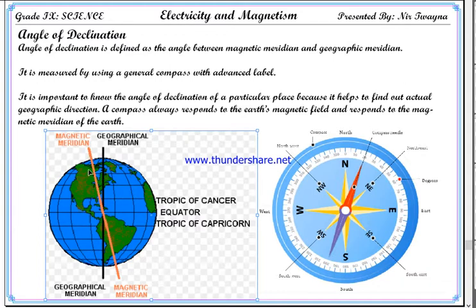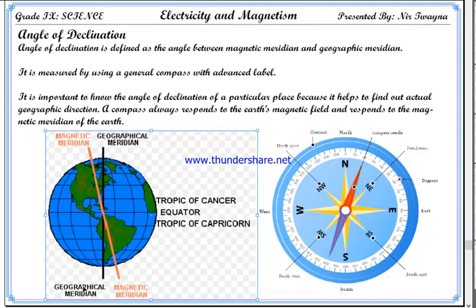And you should also know that this angle of declination changes with time. Estimated, I don't have the exact data, but in around 1 lakh years, that is 100,000 years, the magnetic pole reverses. That means now this is the north pole, this is magnetic south, and this is magnetic north.